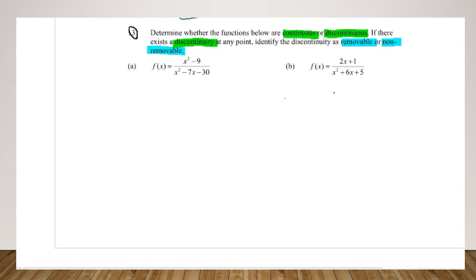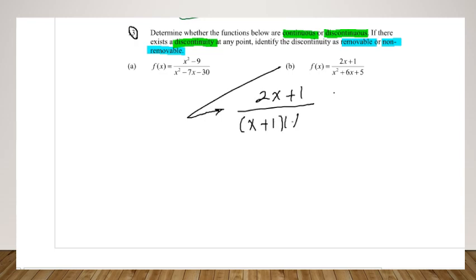Regarding number B, I know that I can take the function and factorize the denominator. So x plus 1 is not factorizable, but the denominator is going to be x plus 1 times x plus 5.